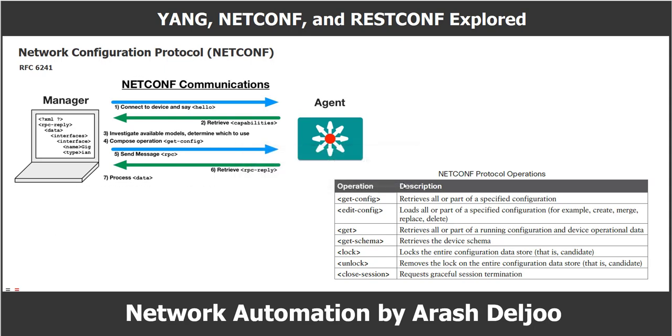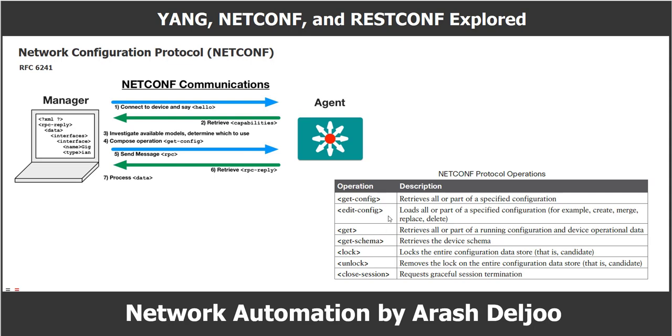For example, in NETCONF operations, we have get config, edit config, get schema, lock, unlock, and close session. When we want to retrieve all or part of a running configuration and device operational data, we can use the get message. Or when we want to retrieve all or part of a specified configuration, we can use get config. Or when we want to retrieve the device schema, we can use get schema.